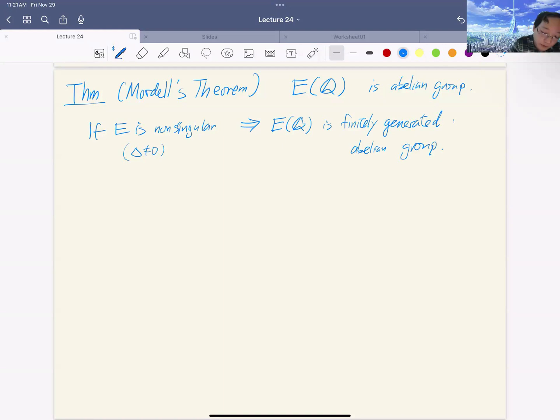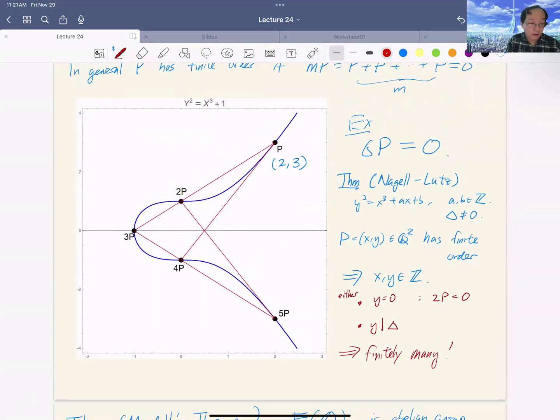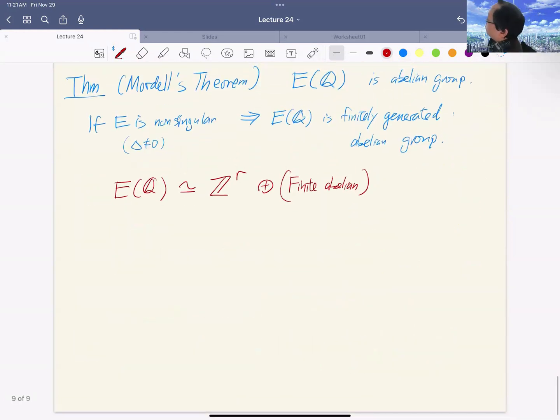For those who are in 3131, you should know that finitely generated means that my group is isomorphic to some power of the integers and then a finite abelian part. So this finite abelian part is exactly the Nagell-Lutz theorem that we just mentioned. The finite abelian part is exactly all those points that have finite order, and the rest will be a direct sum of just integers. So this r is called the rank of the elliptic curve. So this is the first main definition.